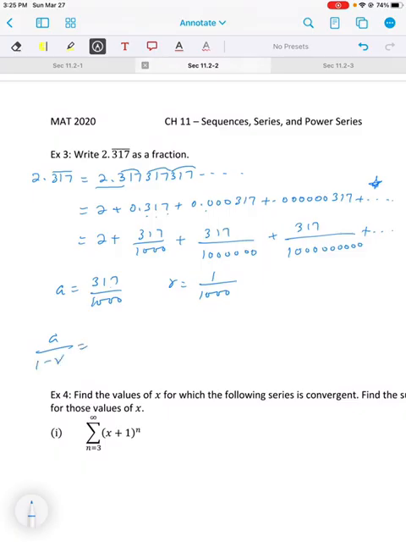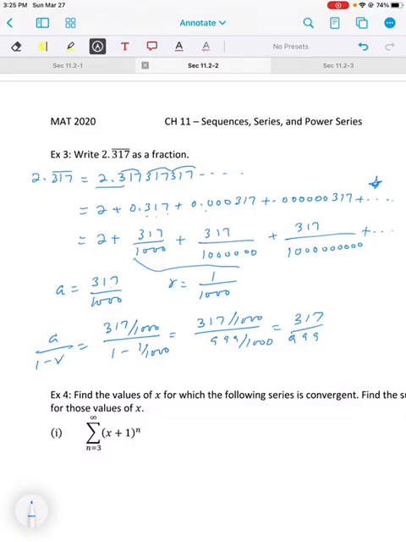So A over 1 minus R will be equal to 317 over 1000 over 1 minus 1 over 1000, which gives us 317 over 1000 over 999 over 1000, and which gives us 317 over 999. But this is not the answer. Remember, this is just the sum of this piece.